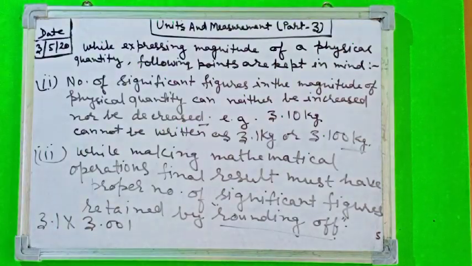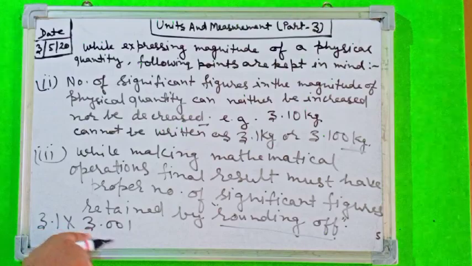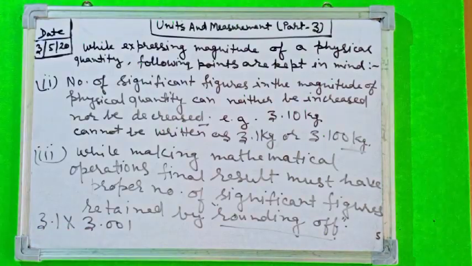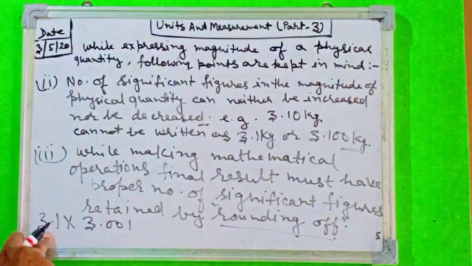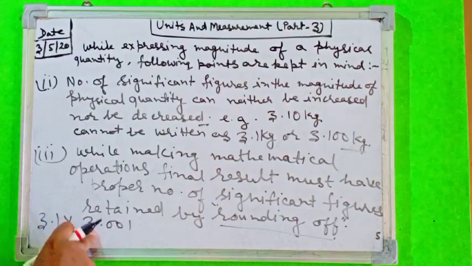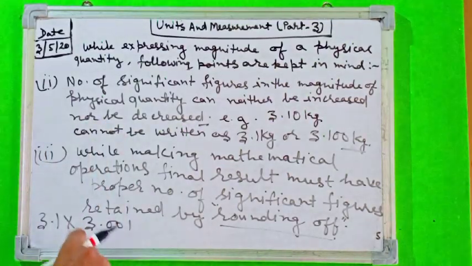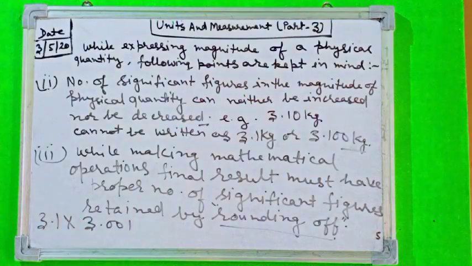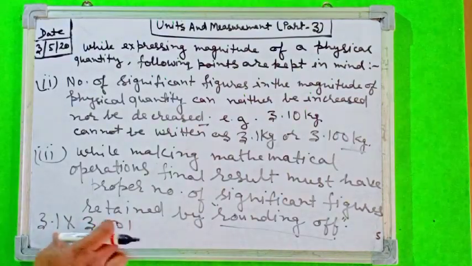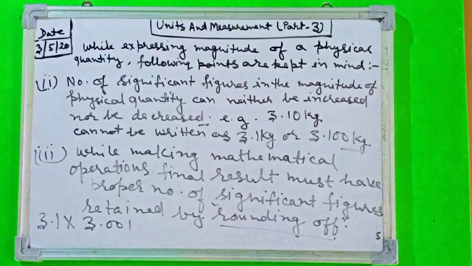In the result, we have to maintain only that many significant figures as the factor with the least number of significant figures. That much number of significant figures can be written in the product obtained by multiplying these numbers.